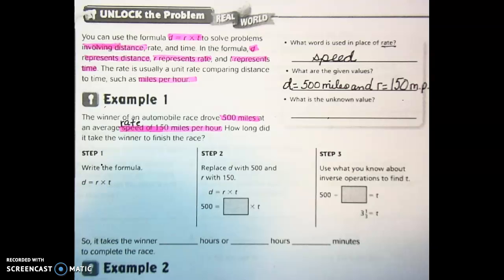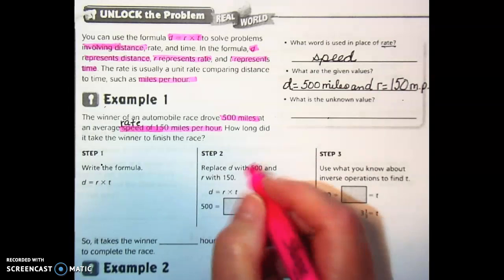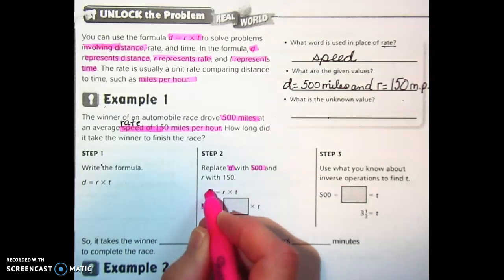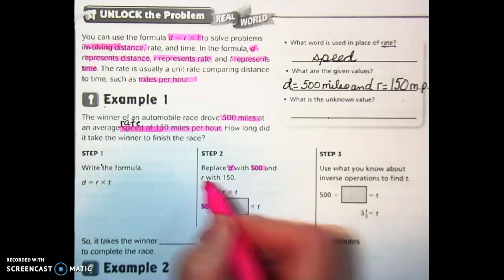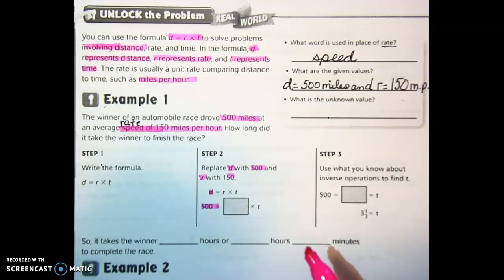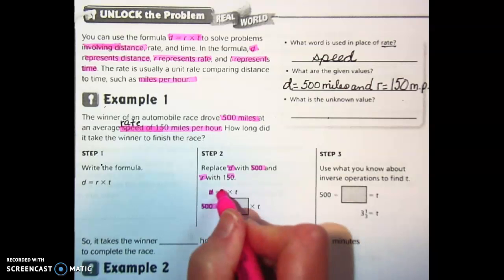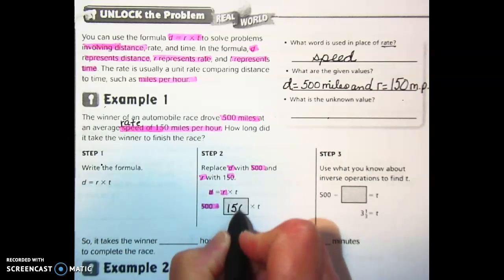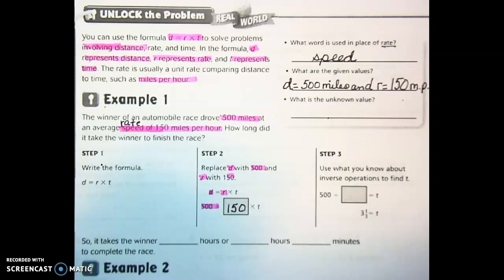So now they're going to take you through the steps. Step 1 is to write down the formula, just like I asked you to do with your length, width, and height. Then you're going to go in and replace the D with 500. That's what they did here. And the R with 150. So we're going to write 150 in here for the rate.